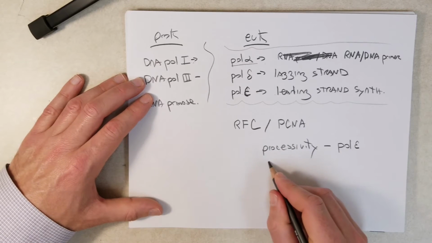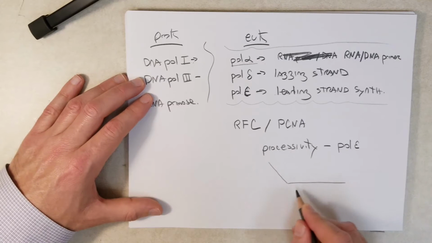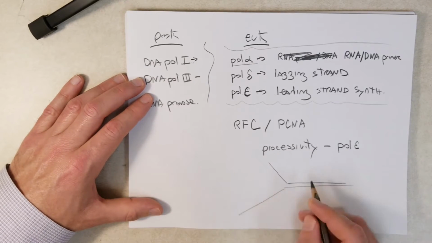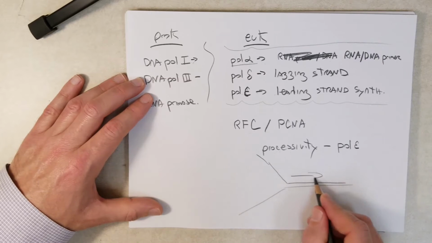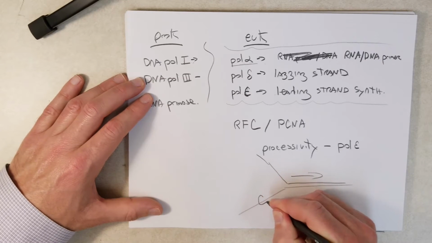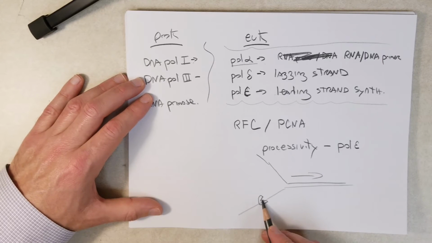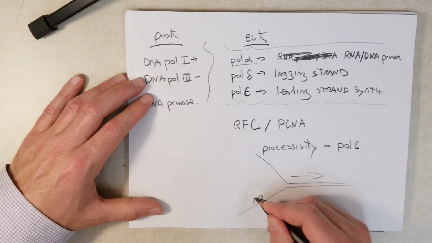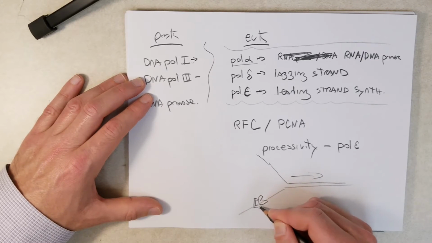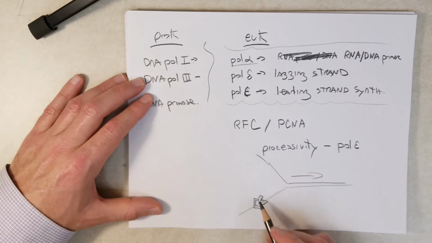So if this is a replication fork, and it's moving in this direction, and this is a template, let's say we have polymerase epsilon right here. Traditionally, PCNA is shown as being behind the polymerase and holding it on the template, keeping it from falling off.